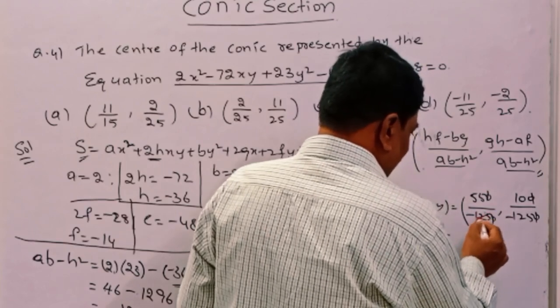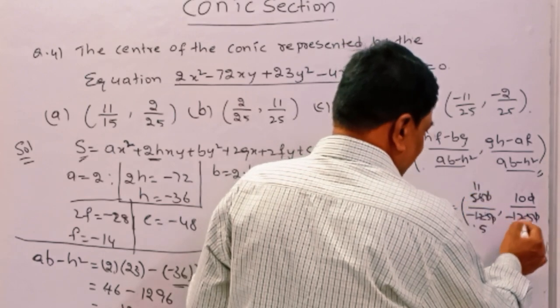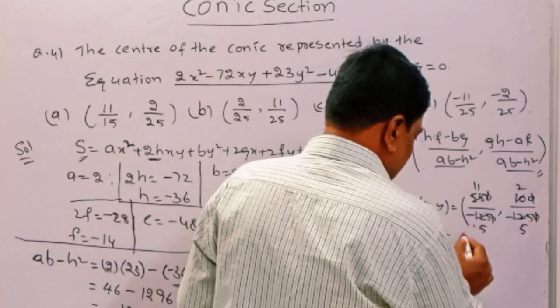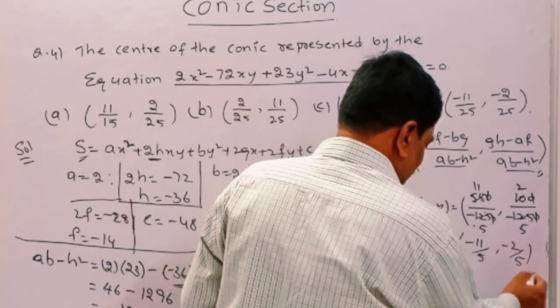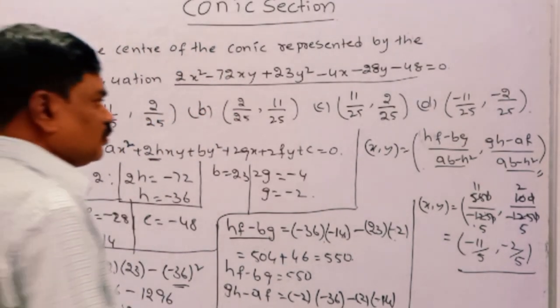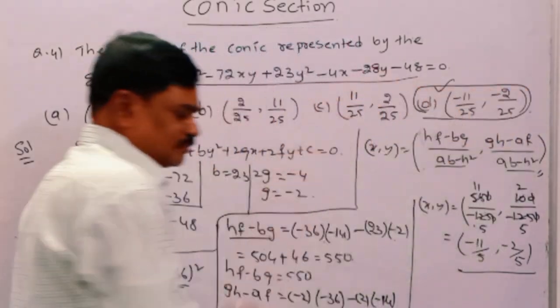This is minus 11 by 5 comma minus 2 by 5, the center of this given conic section. Then option D is the correct answer.